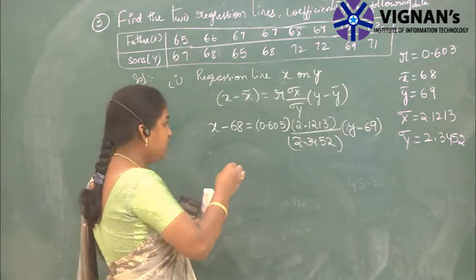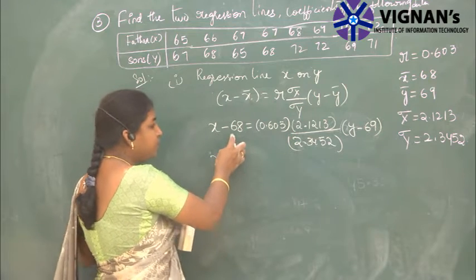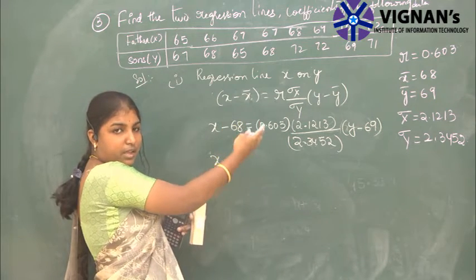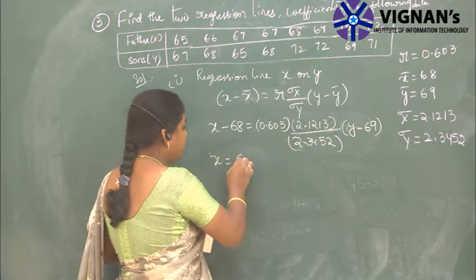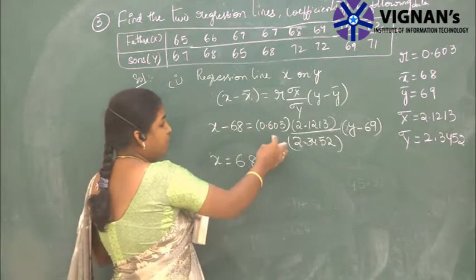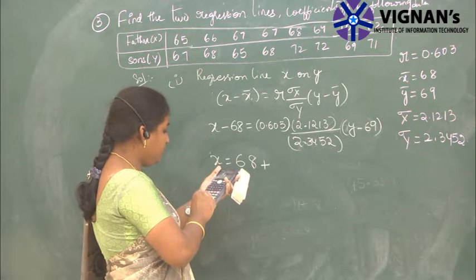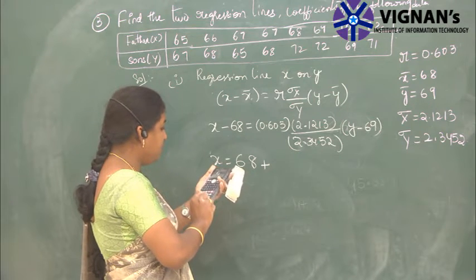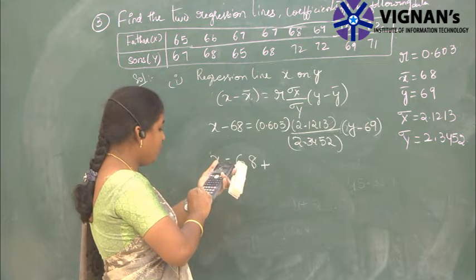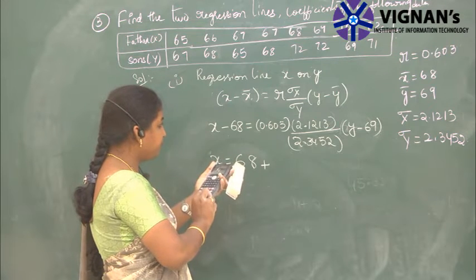Now we are simplifying this one, we get x equal to this, minus 68 we are taking into right hand side, we get that is plus 68, plus we are simplifying this one, we get 0.603 into 2.1213 divided by 2.3452.